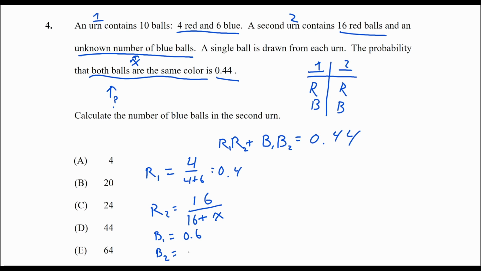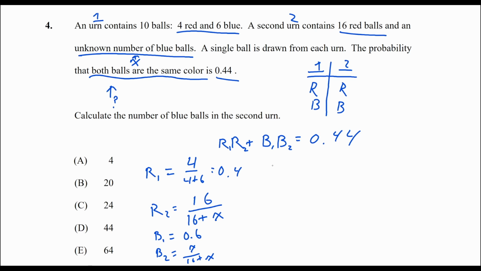So B2 is going to be x over 16 plus x. Now we have all of our input values and our formula to input this information into. So let's go ahead and calculate this.